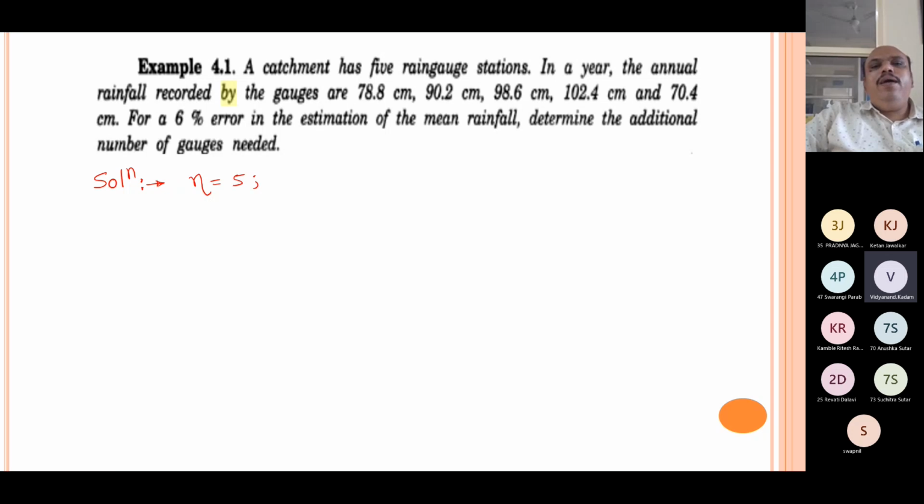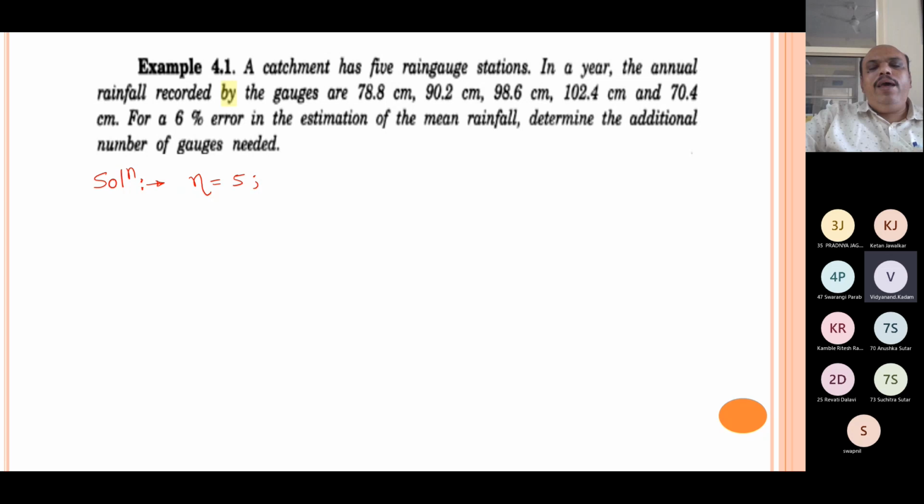In a year, the annual rainfall recorded by the gauges are, okay, now the rainfall values are given. So this is denoted by xi. Okay, x1, x2, x3, likewise these values are there. Rainfall values. In the second line, it is 78.8.